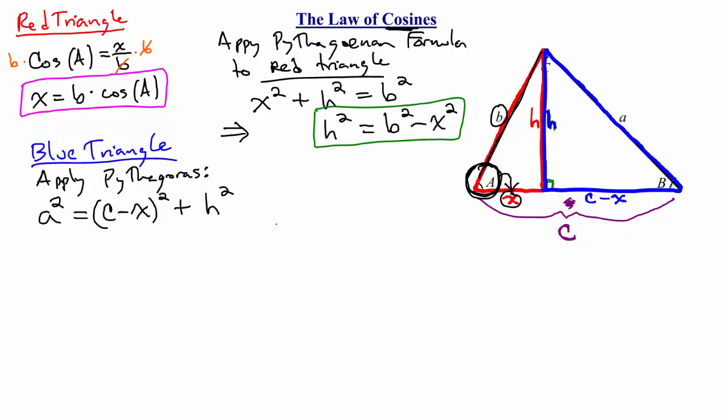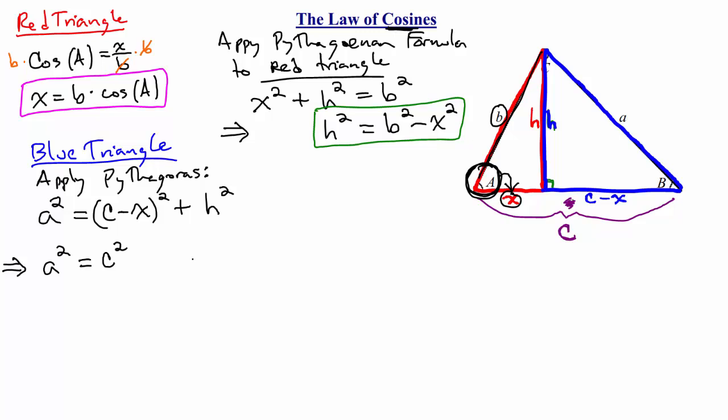Now we'll play with this equation until we end up getting the law of cosines. The first thing we'll do is square c minus x. The square of a binomial like this always works in the same way. We always get the square of the first expression, so we'll get the square of c.